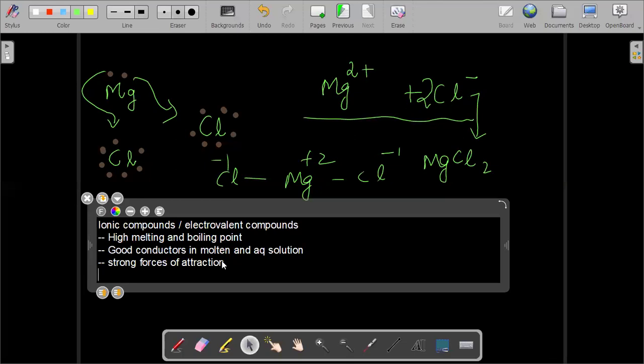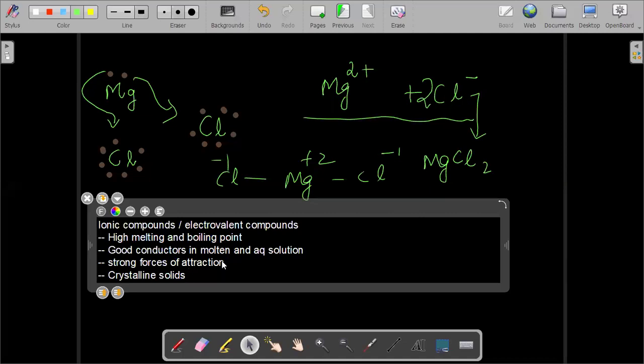Is it a crystalline structure or an amorphous structure? Yes, they are crystalline solids. So ionic or electrovalent compounds have high melting and boiling points. They are good conductors in molten state and aqueous solutions. They have strong forces of attraction and they generally occur as crystalline solids. Got this?